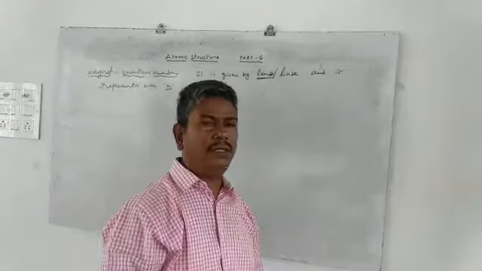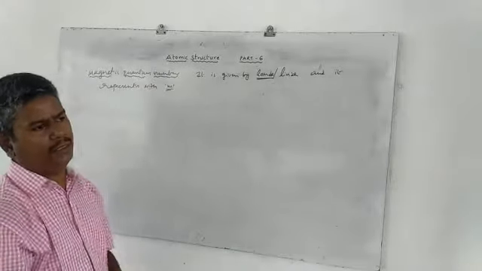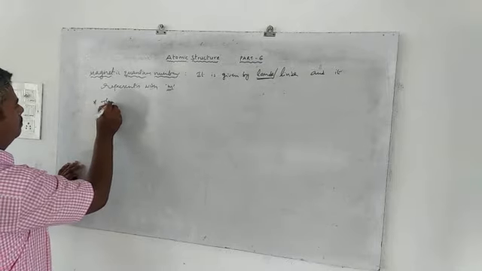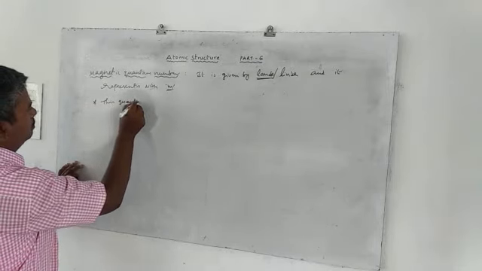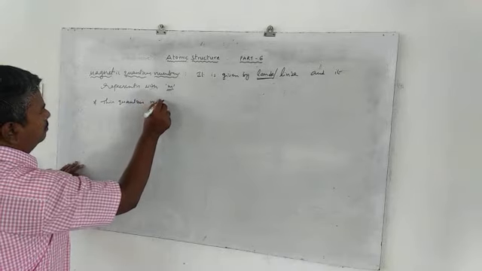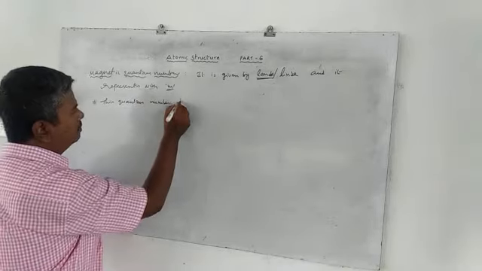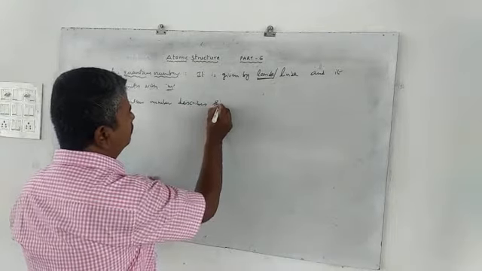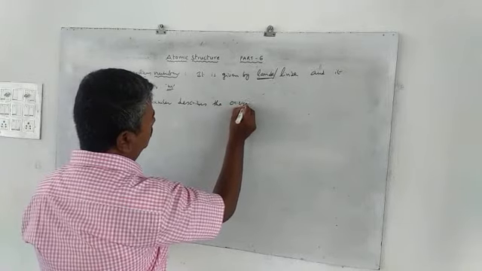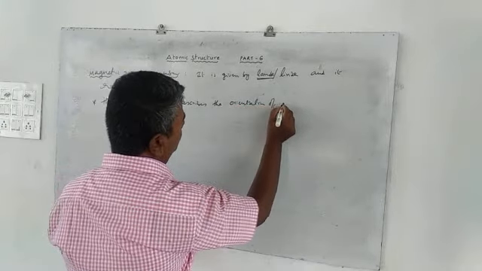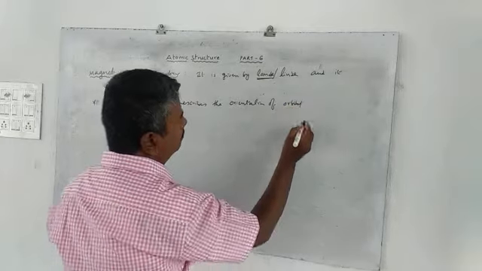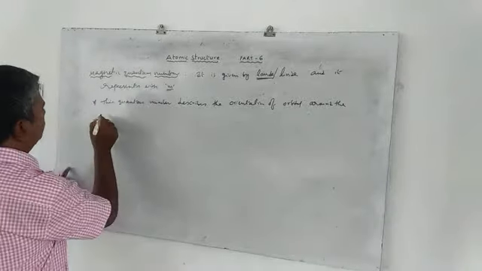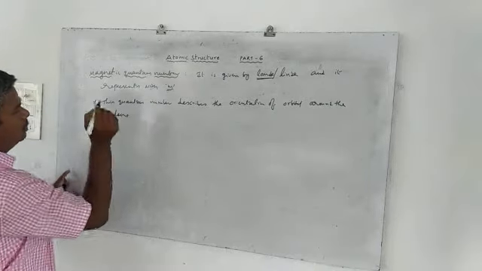Now, what does the magnetic quantum number describe? This quantum number describes the orientation of orbital around the nucleus.